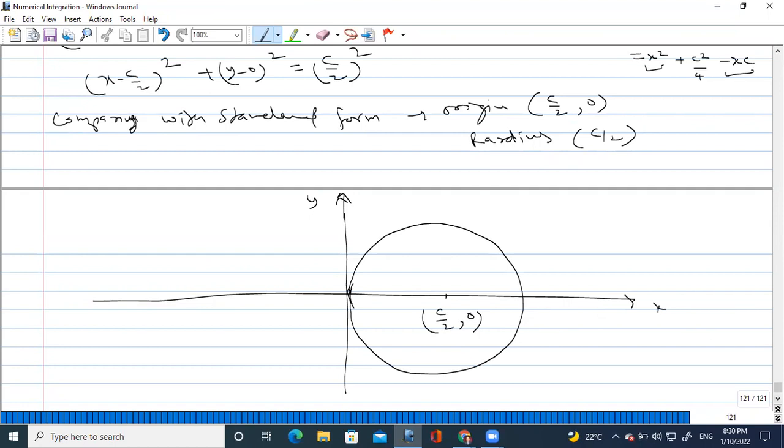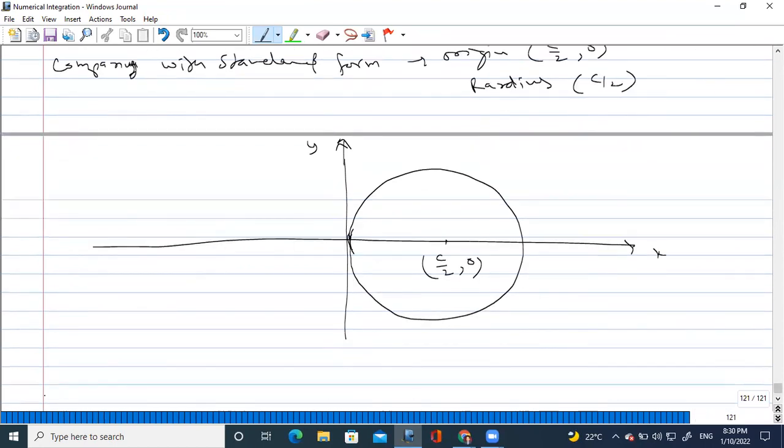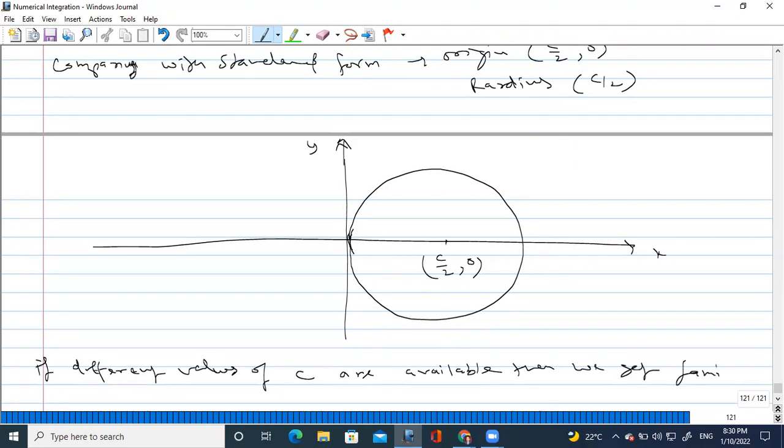You can mention it in the question. If only a single value of c is available, then there will be a single answer, the single circle that I have plotted. If different values of c are available, then we get a family of circles.